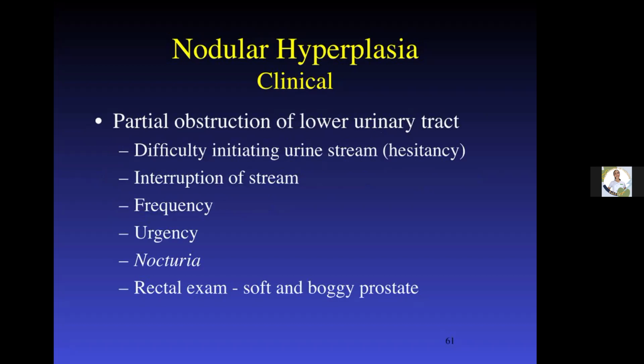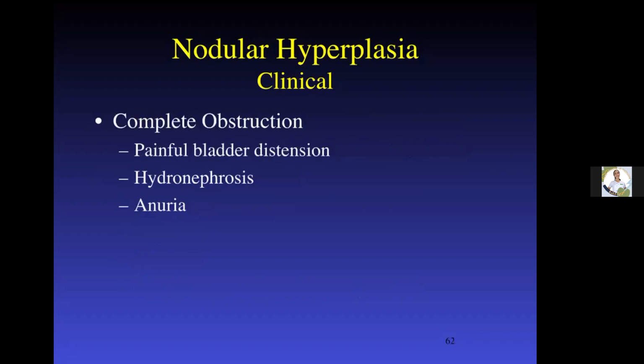If you do your rectal exam, you have a soft and boggy prostate. You can also have complete obstruction. In complete obstruction, you can have painful bladder distension, hydronephrosis, and anuria.